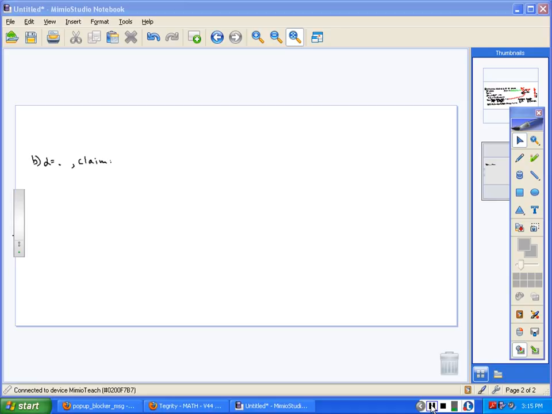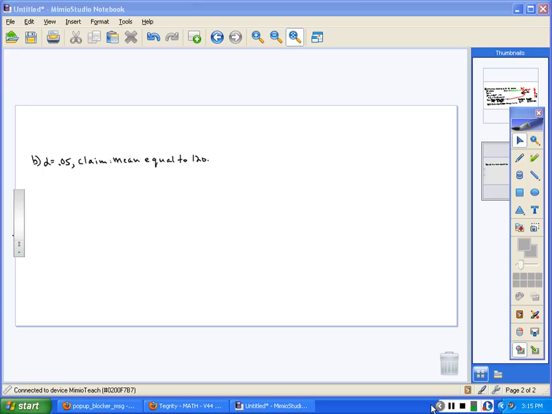Not going to write that down. At the 0.05 level of significance, so there's my alpha, test the claim that this sample comes from a population with a mean equal to 120.